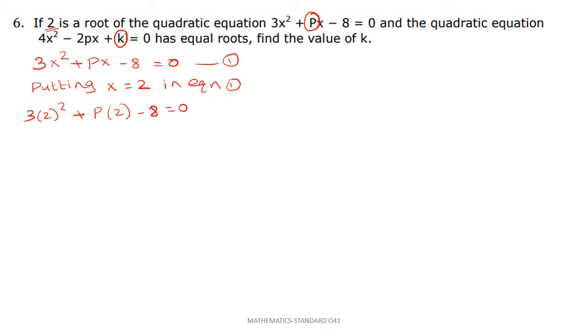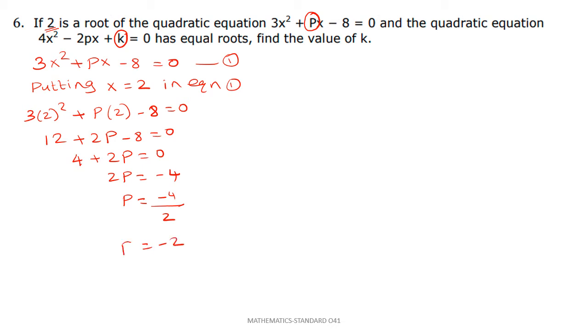So we will get 3 4s are 12 plus 2p minus 8 equal to 0. 12 minus 8 will be 4. 4 plus 2p equal to 0. 2p is minus 4. p equal to minus 4 divided by 2. So minus 2. So now we know, children, what is our p value.